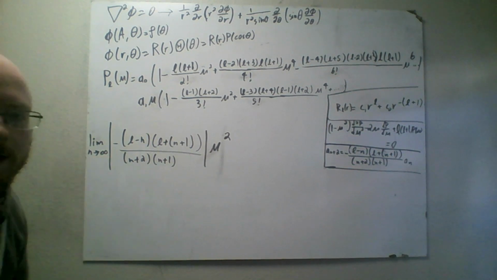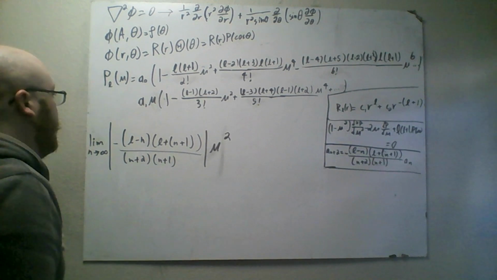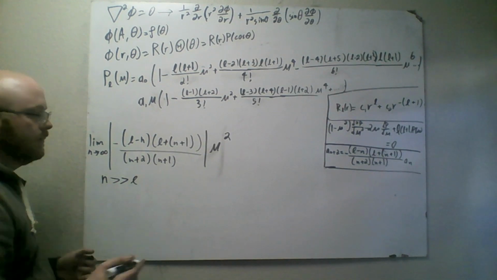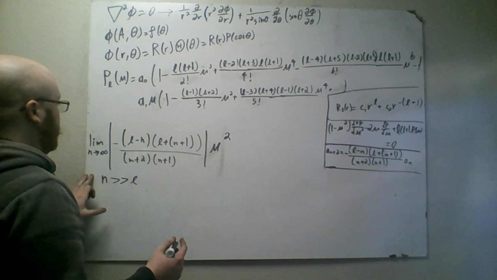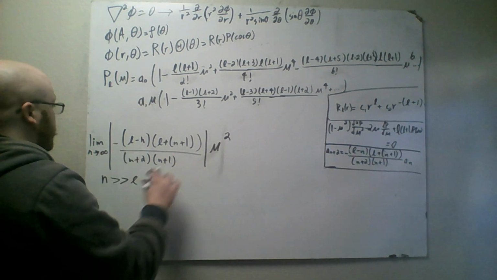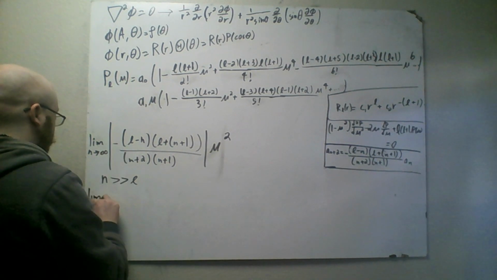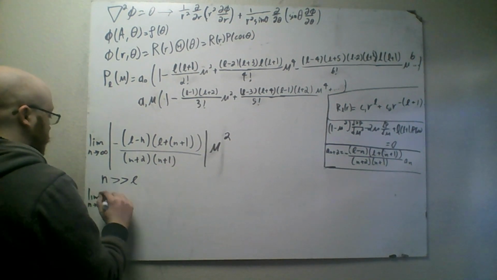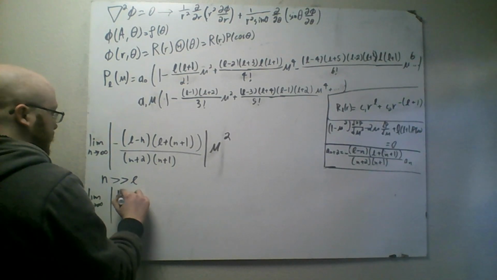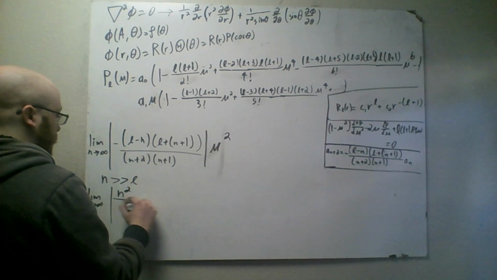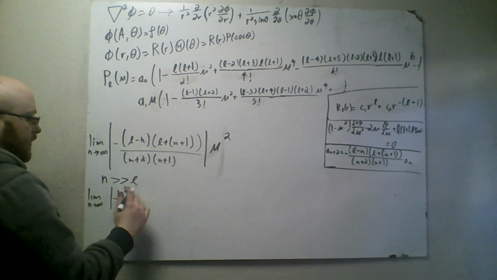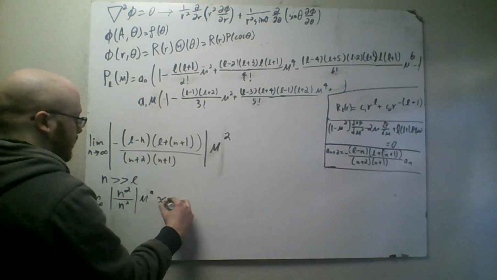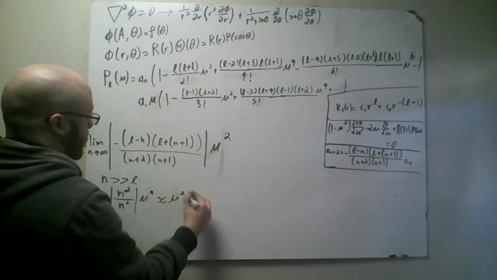Say pick any L. Because n goes to infinity, I could pick any L that's greater than this. So in this case, we're just going to say that n is significantly greater than L. So now, in that case, this whole thing becomes the limit as n goes to infinity of, and this is kind of an approximation, so I'll show an approximation symbol, n squared over n squared, which is approximately equal to mu squared.